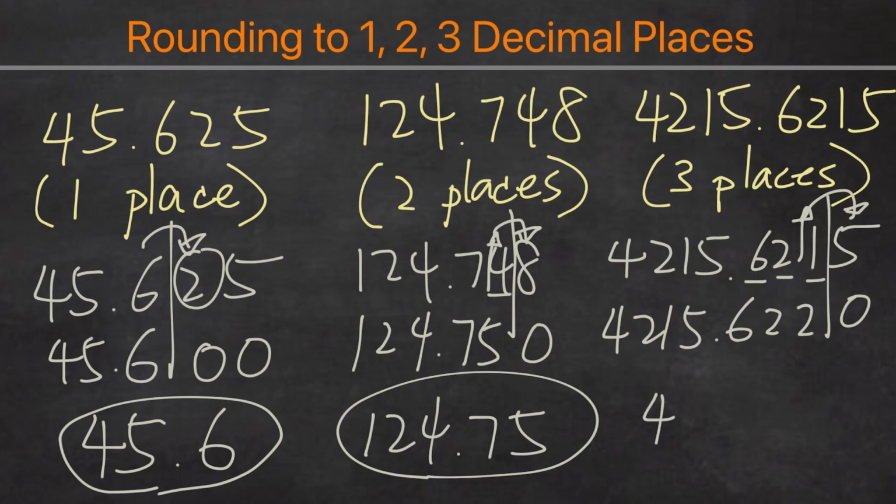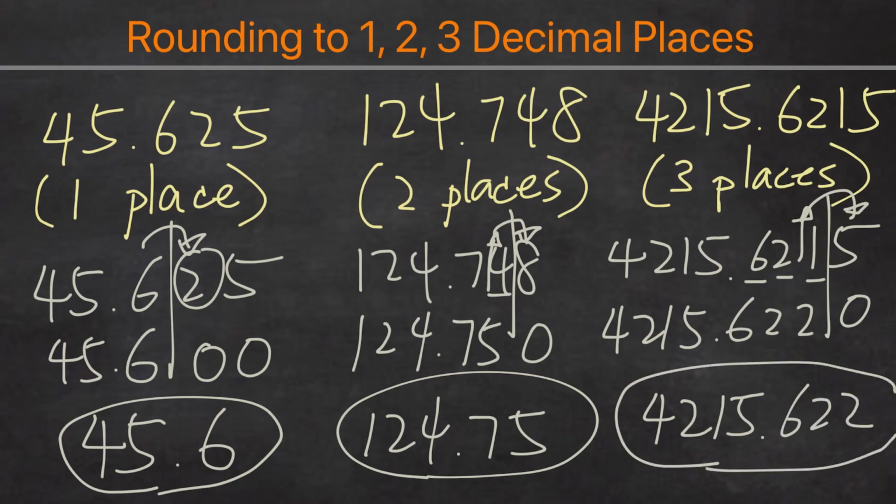So the answer is 4,215.622. So these 3 are the answers for the quiz problem. Now if you've gotten all 3 of them correct, great job, you've mastered this lesson. However, if you didn't, feel free to go back to any of the decimal places where you got it wrong and review it again.